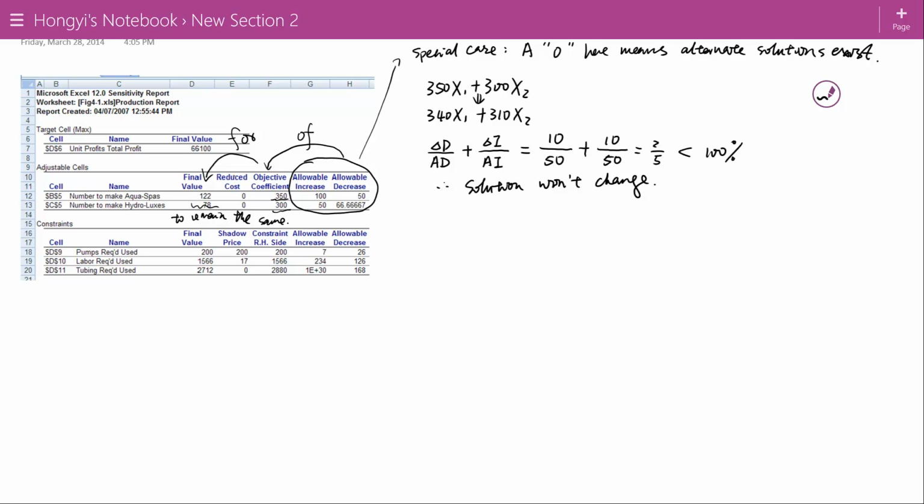Which one will change, the optimal solution? Optimal solution, yes. But the x1, x2 will be the same? When you solve the problem, what does the optimal solution include? Got it, the x1 value.